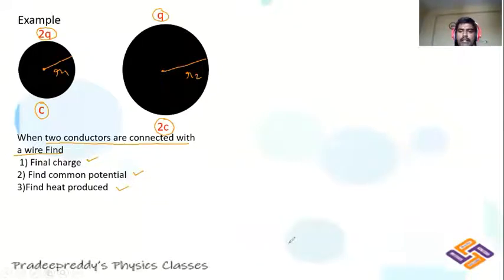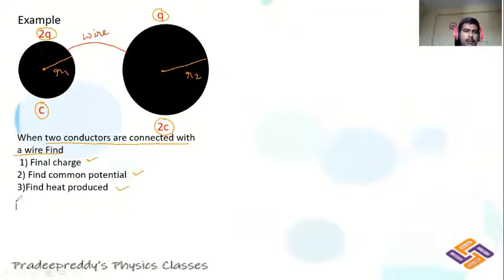Now let us take these two metallic spheres and join them. I'm taking a wire. When I take a wire and join these two conductors, what literally happens is charge flows from high potential to low potential.